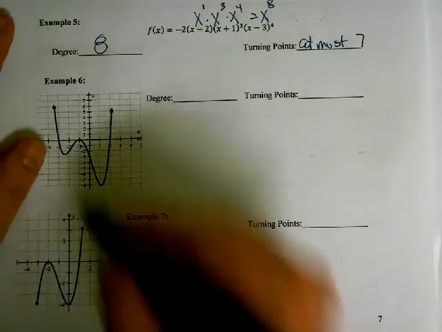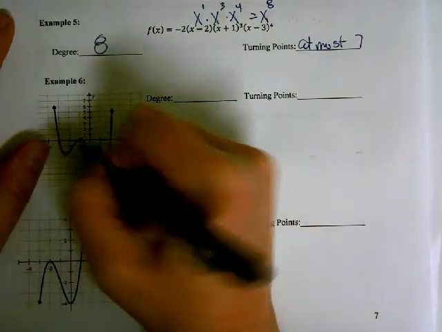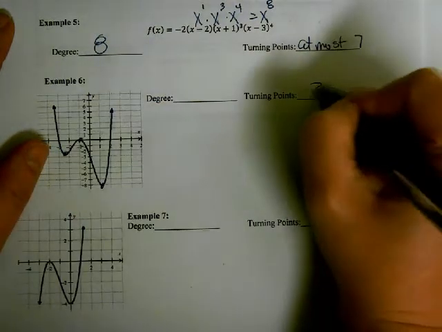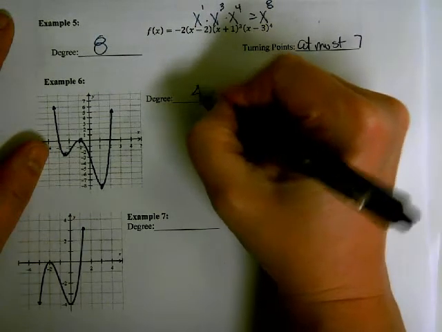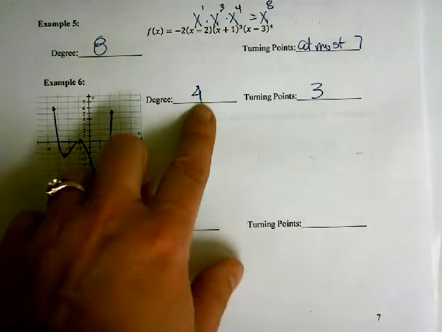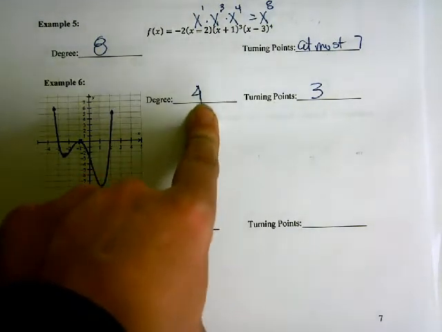So looking at a graph, I have 1 turning point, 2 turning points, 3 turning points, because these are all local maxes and mins, which means the degree of this thing is at least a 4th degree polynomial. Not the highest degree, let me back up on that one.